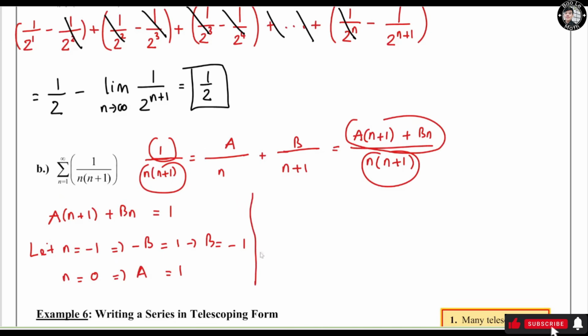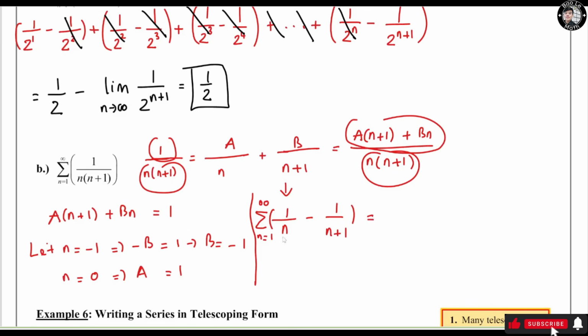So then this guy becomes 1 over n minus 1 over n plus 1, right? So I put the sigma in front, when n goes from 1 to infinity, of the whole thing right here, right? Now I'm going to populate this one.